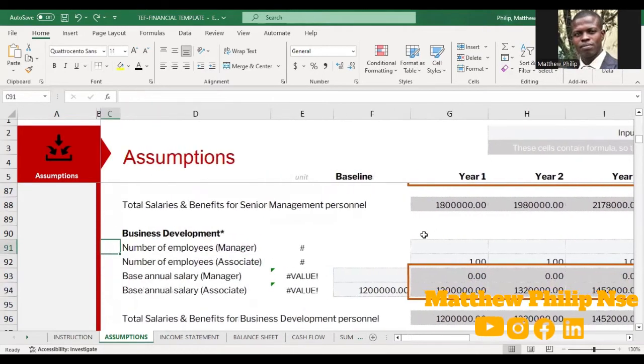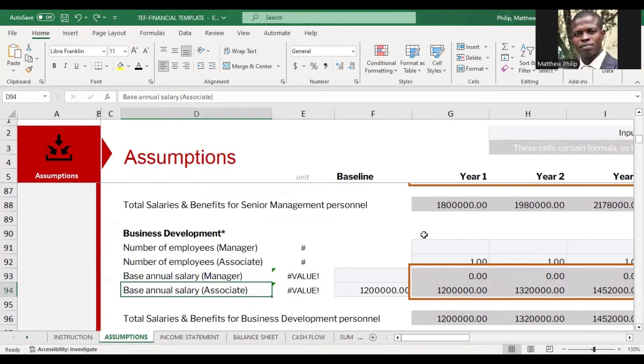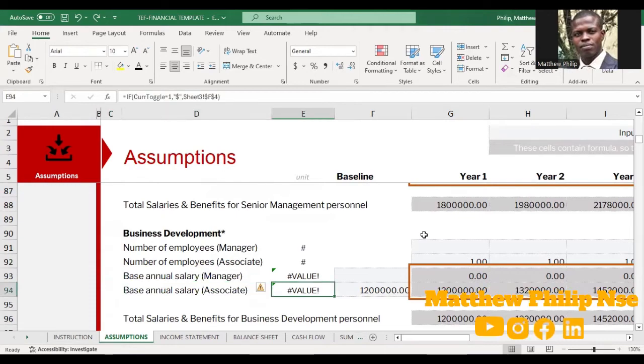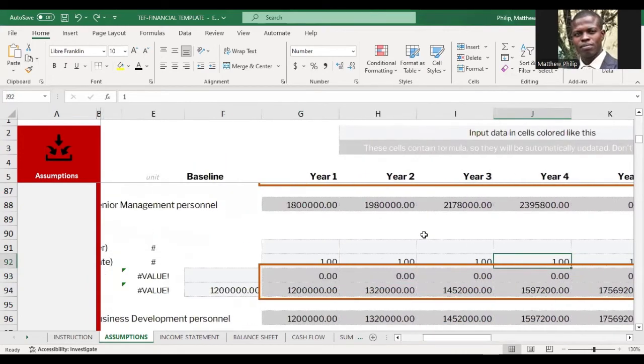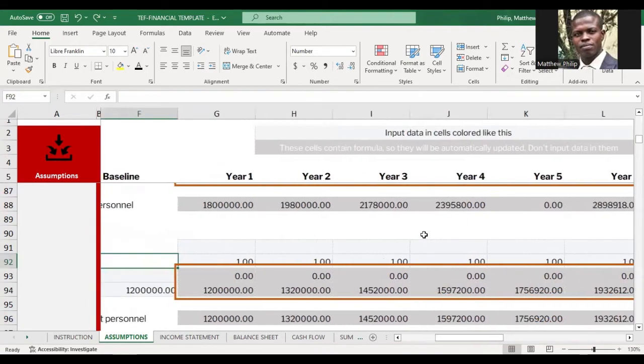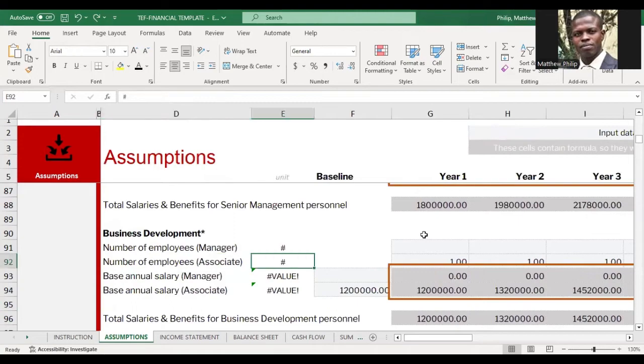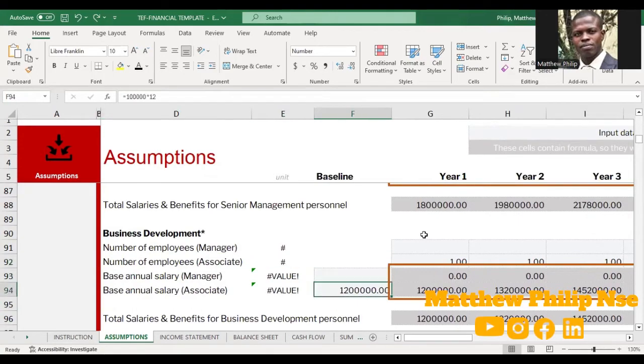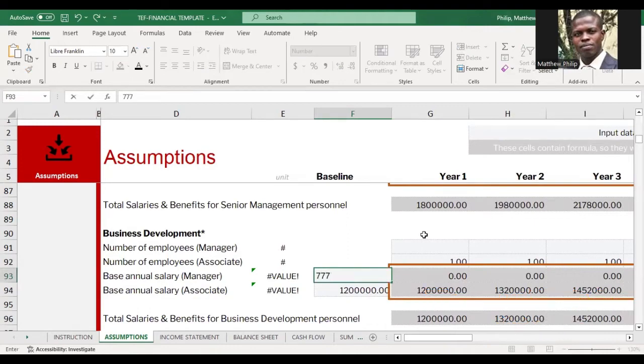But there's going to be a business development associate, and it is one person, so that's why you see one filled here. If at any year the number will increase, feel free to increase the number at that particular year. Assuming there was a manager, we should have inputted the salary here, but since there's no manager, you have to ignore that. So for the associate, the salary is 1.2 million per annum.